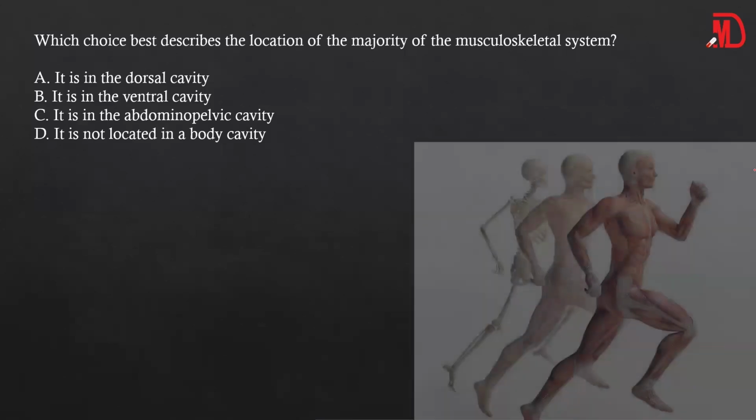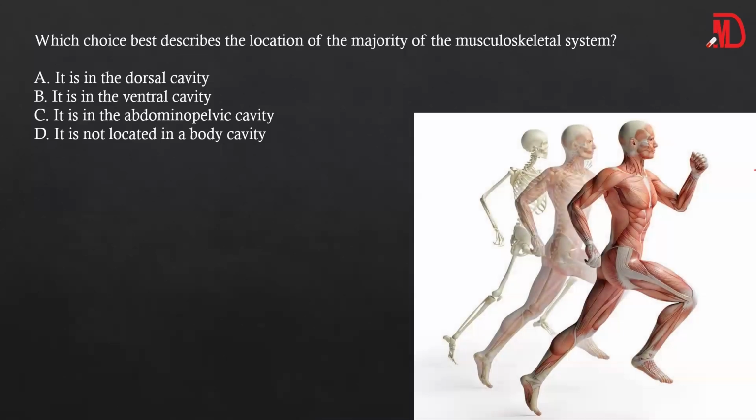So first of all, let's look at what the musculoskeletal system is all about. The musculoskeletal system is a major body system that provides support, movement, and protection. It consists of two main components. We have the skeletal system, which is mainly bones. Then we have the muscular system, which is mainly muscles.